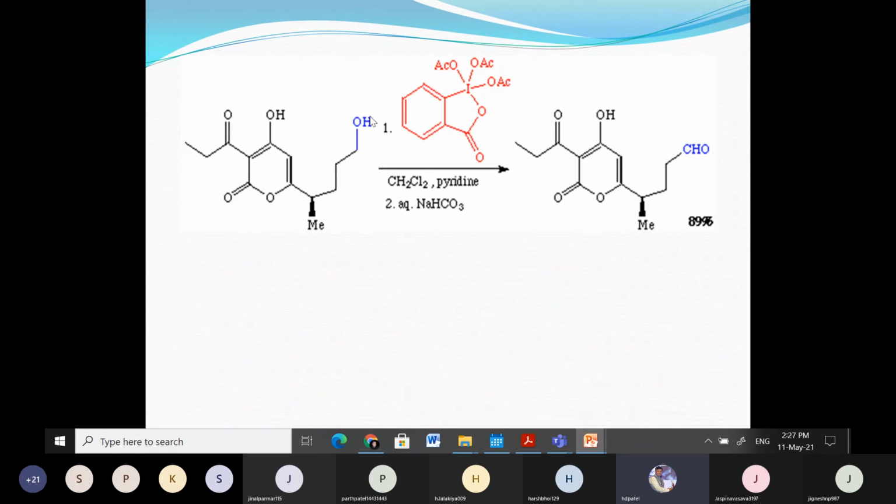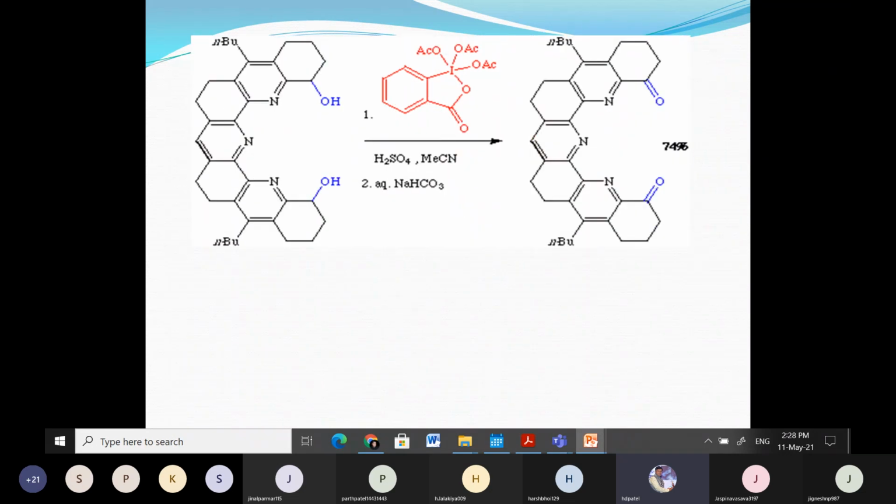As per the characteristic of DMP, DMP will react only with the alcoholic OH group, and that's why here we will get the product CH2CH2CHO. So the alcoholic OH is converted, and there is no effect on the aromatic OH. This is called selectivity of the reagent.